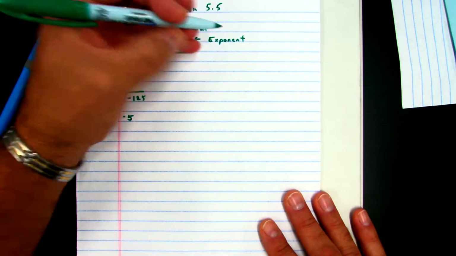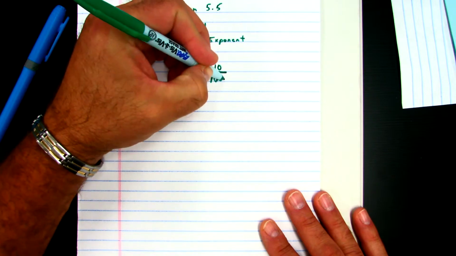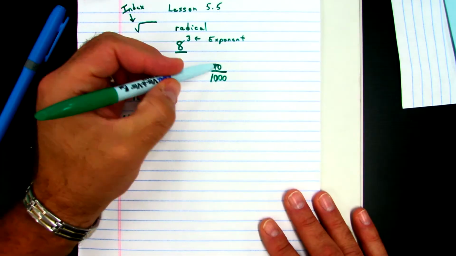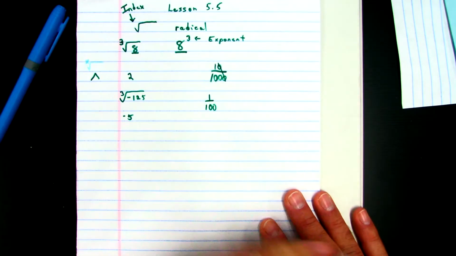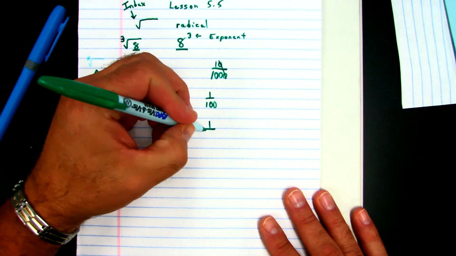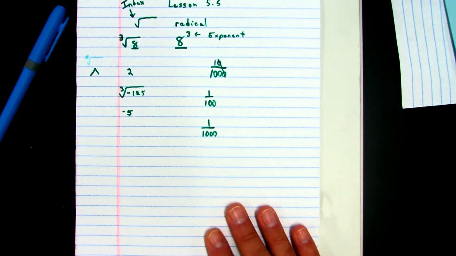All right, so if I had 10 over 1,000, can anybody tell me how that would be reduced? Yes, you would cross out the zeros and you'd have 1 over 100. Now, if I had 1 over 1,000, you should notice that that one cannot be reduced.